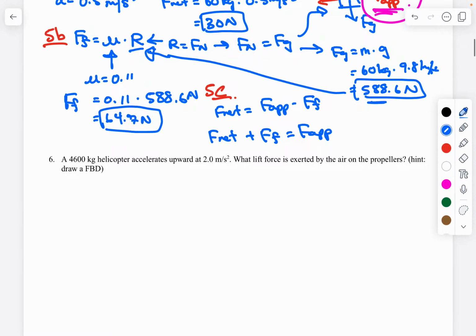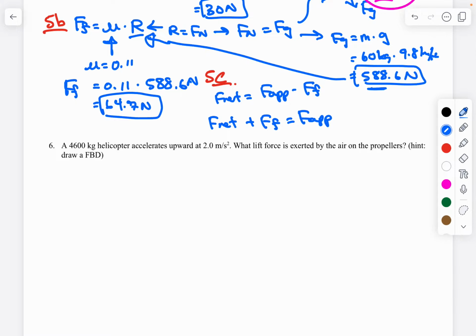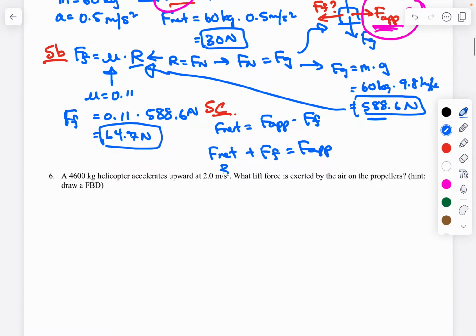Does that make sense? So we have these three different forces. Really, they're just two, but sure, we can think of them as three. So we have 30 newtons plus 64.7 newtons. That will give us 94.7 newtons, just like that.